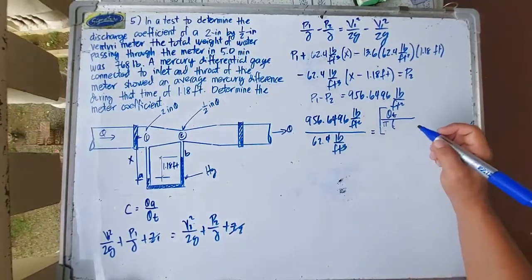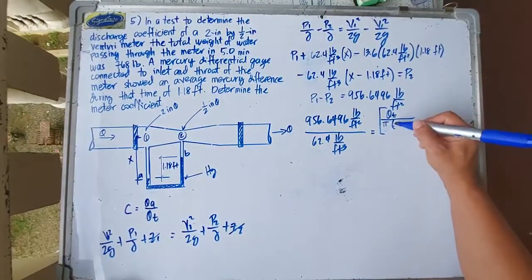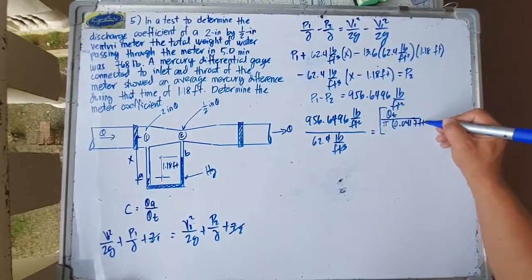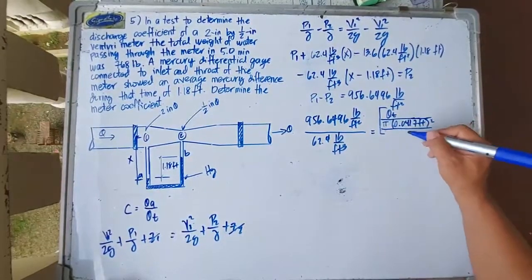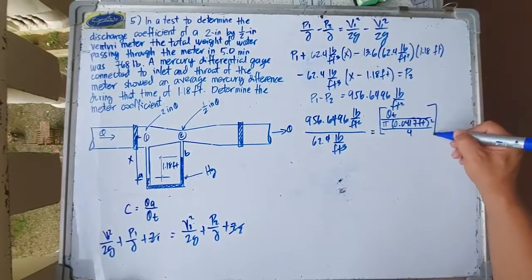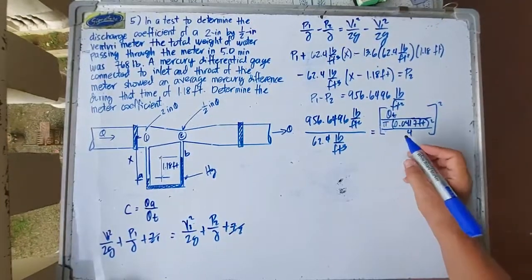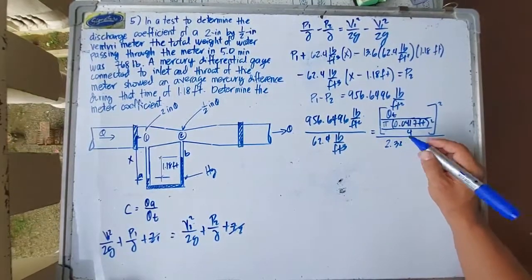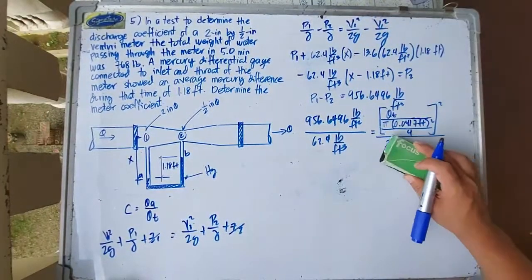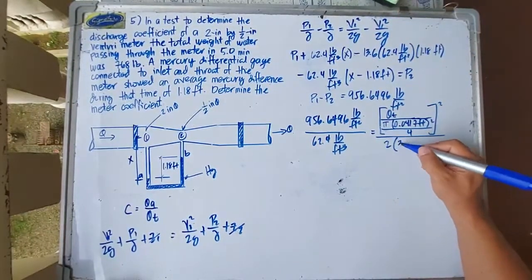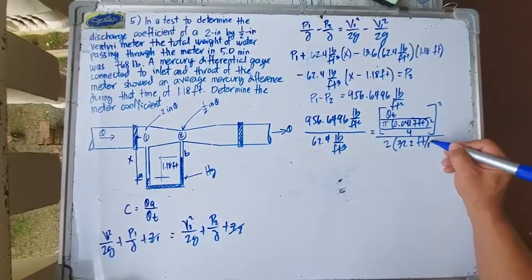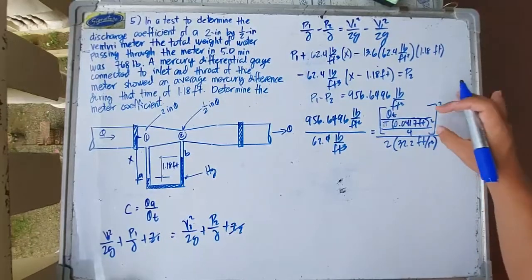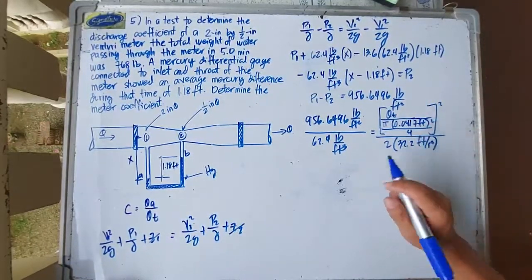So 0.5 divided by 12, that is approximately equal to 0.0417 feet, squared, all over 4, square the entire quantity, divided by 2g, that's 2 times 32.2 feet per second squared. Okay, so this is the velocity head at point 2.